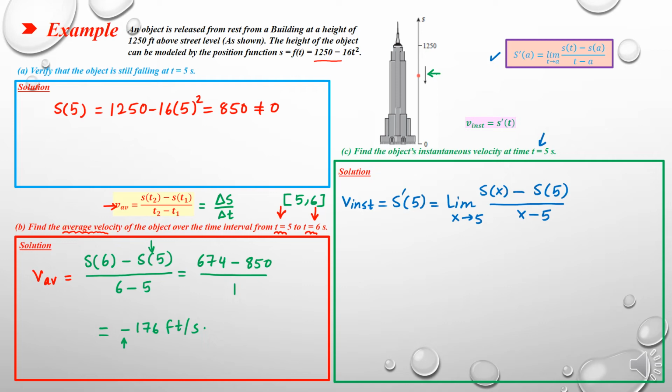Okay, now s of x is the function itself, so the limit will be the limit of 1,250 minus 16t squared minus s of 5, and s of 5 from part A equals 850, divided by t minus 5, when t goes to 5.